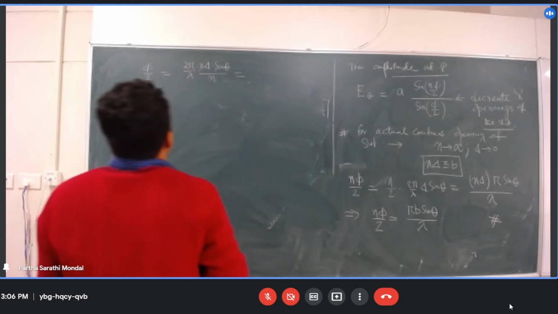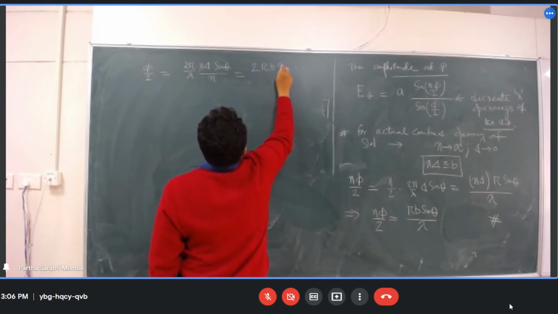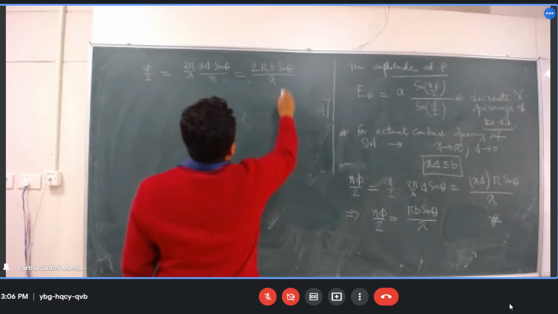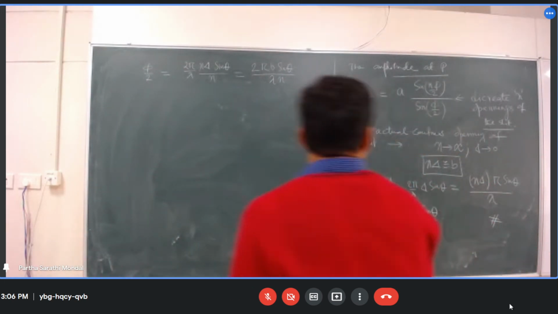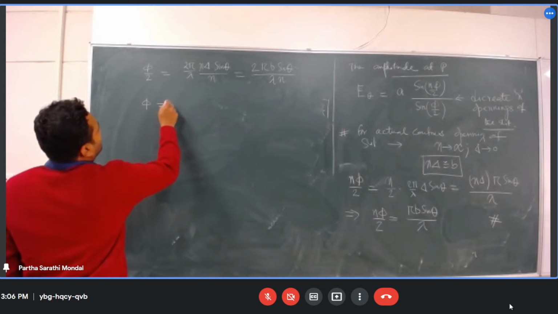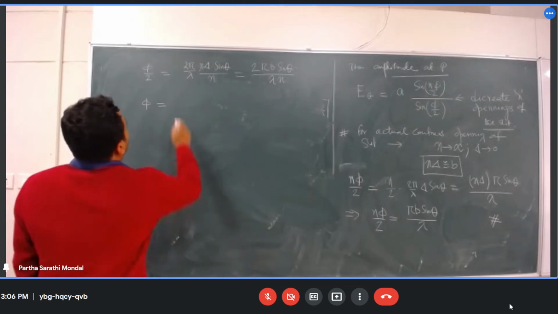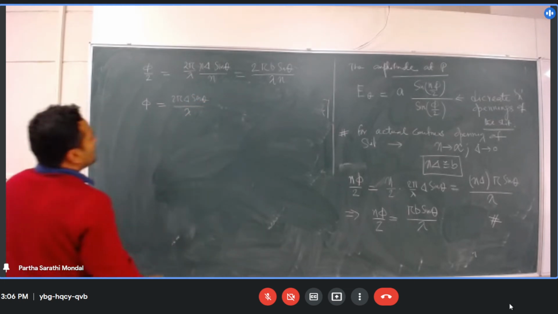So that will give you 2πb sin theta divided by λ, and into n, right? And one more thing we have to remember: what is the value of φ? φ is 2π delta sin theta by λ.